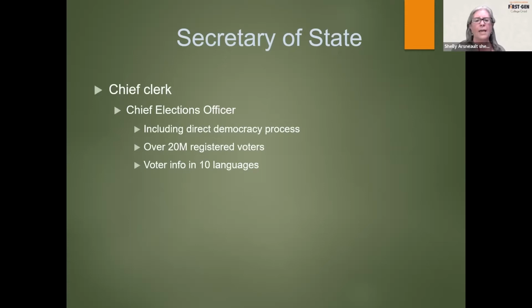There are a lot, and so the Secretary of State has to deal with all of that and counting the ballots and the petition signatures and ensuring that the petitions are all correct, and then that this proposition should move on to the ballot process. So again, in the state of California, this is a huge job.